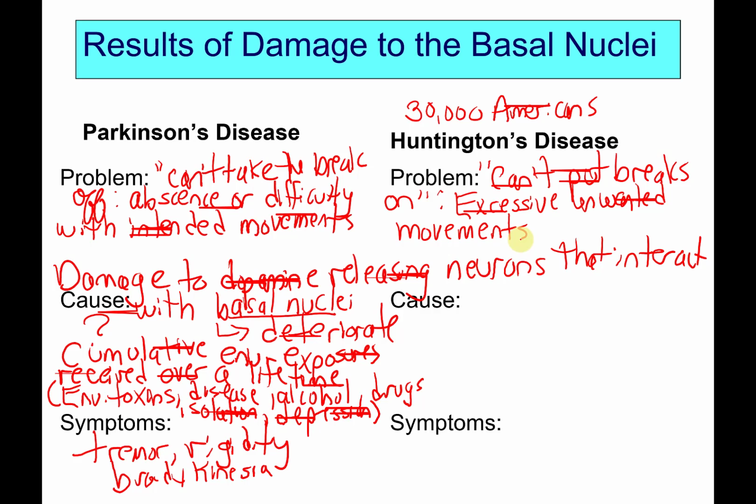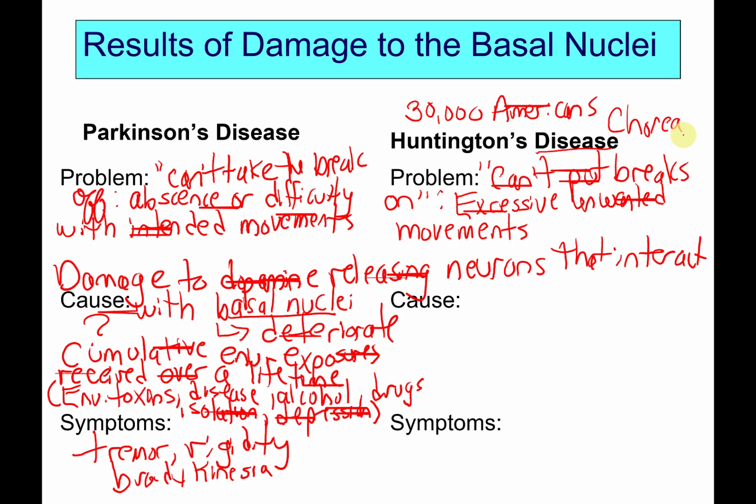Sometimes those movements have been described as dance-like movements, where people are kind of throwing their arms and their legs in the air. And in fact, Huntington's disease used to be called Huntington's chorea, and that's short for choreography, which is basically the steps that you take for a dance.